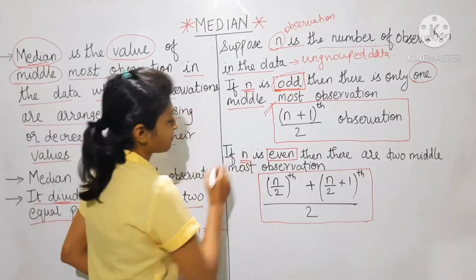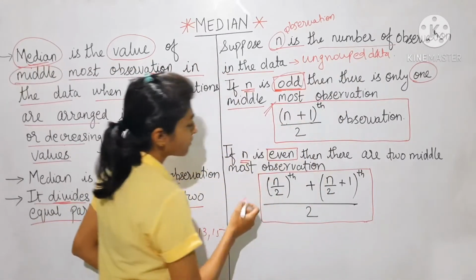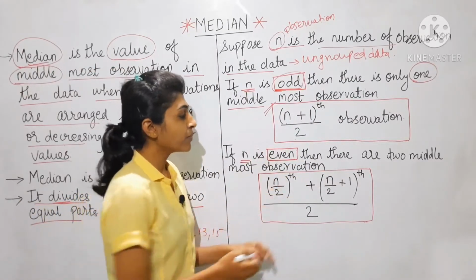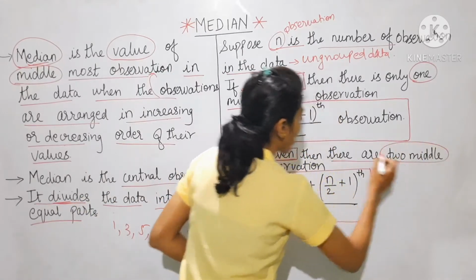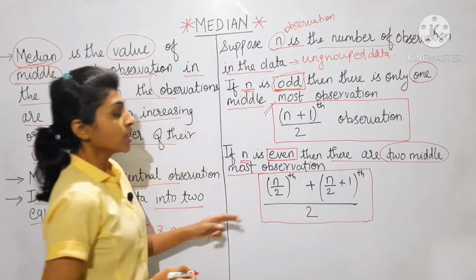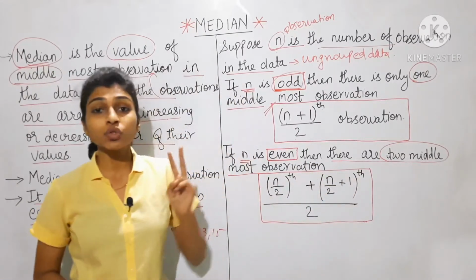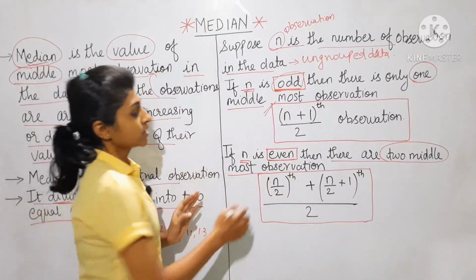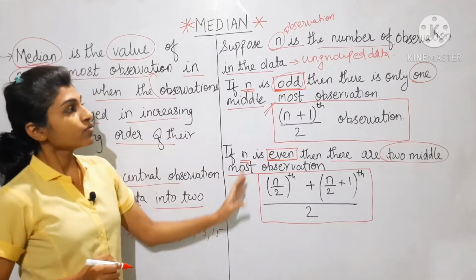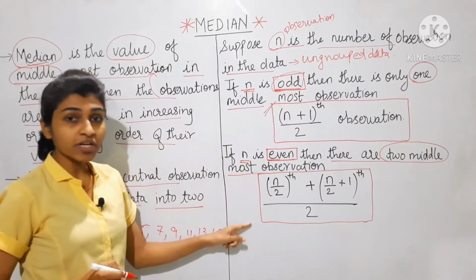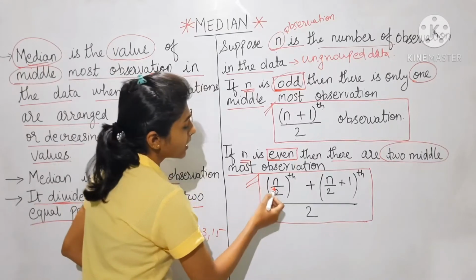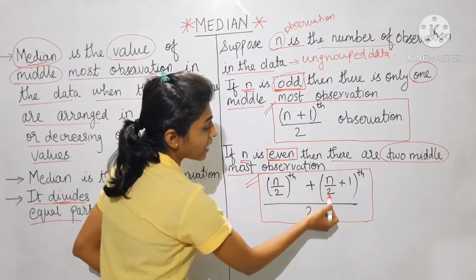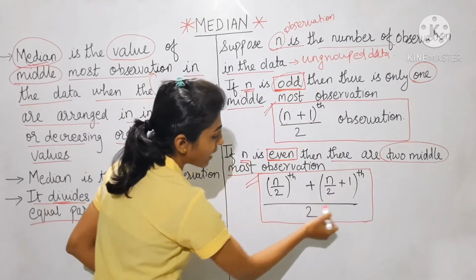And if n, the number of observations, is an even number, then there are two middlemost observations, which means we are going to get two middle values. To calculate the median for individual observations with an even number, we have the formula: the (n upon 2)th observation plus the (n upon 2 plus 1)th observation, divided by 2.